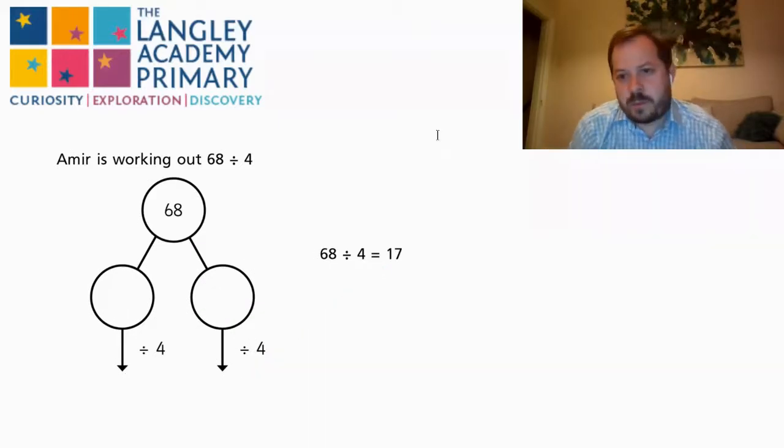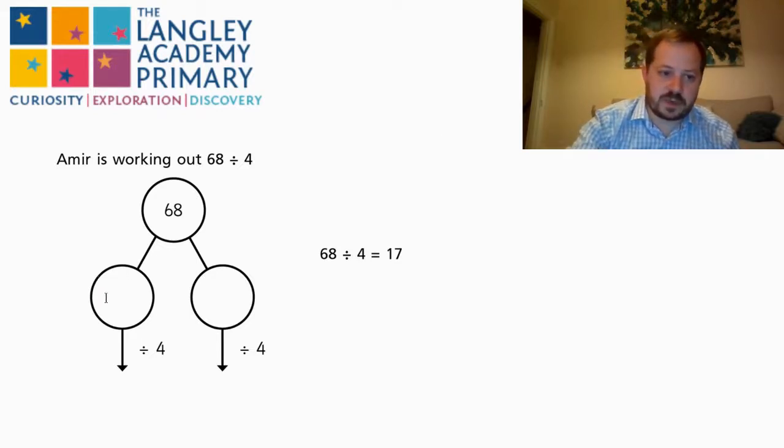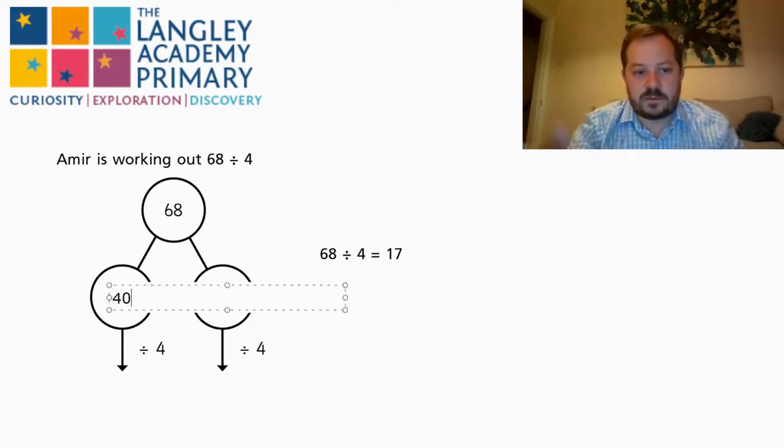Another thing to remember with this particular model, using the part-whole model, is that we can split this in lots of different ways. So we could split it into 60 and 8, or we can split it into parts that we know are divisible by 4. So the first part I could make as 40.